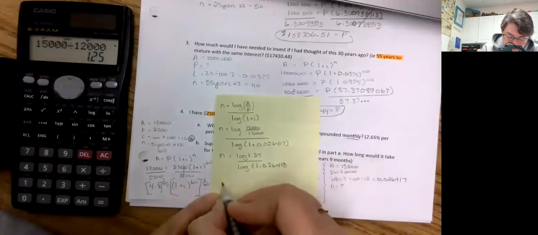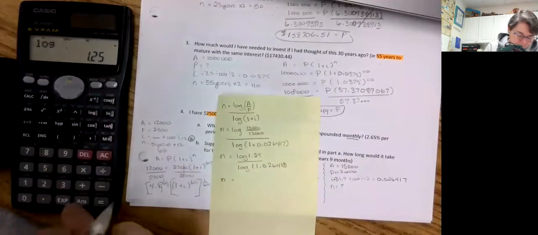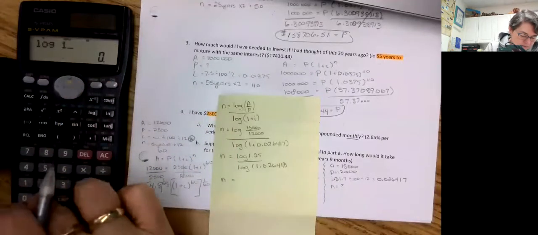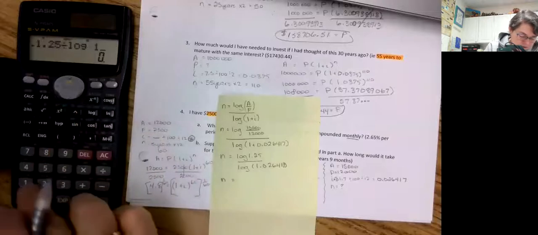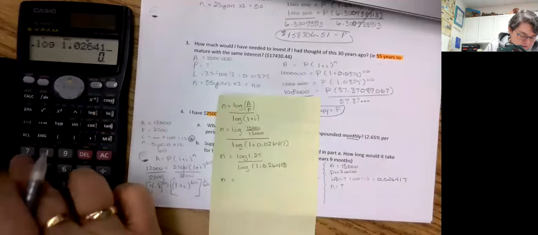Oopsies. Again, log 1.25 divided by log 1.02647.